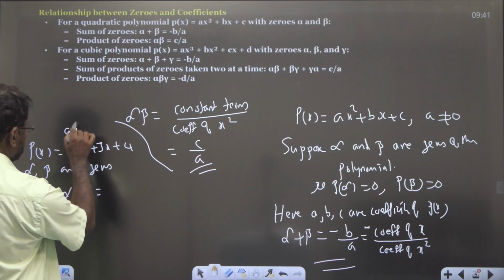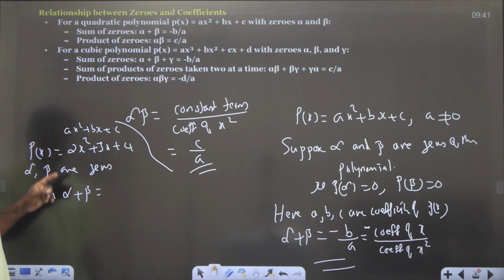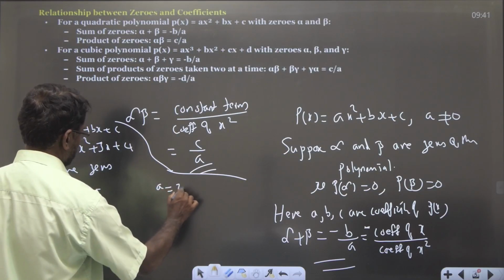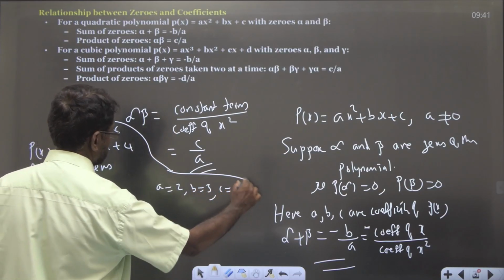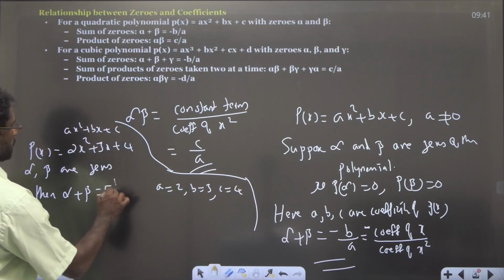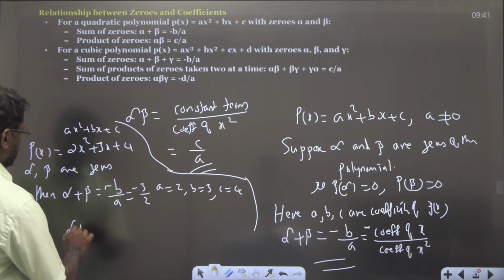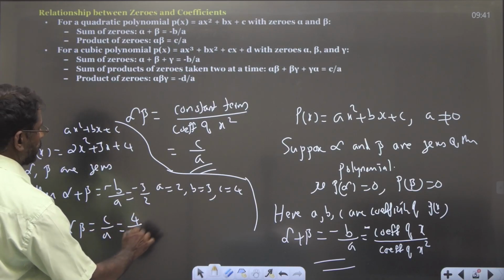That is the ax square plus bx plus c form. Here a is 2, b is 3, and c is 4. Alpha plus beta is minus b by a, that is minus 3 by 2. Alpha beta is c by a, that is 4 by 2, that is 2.